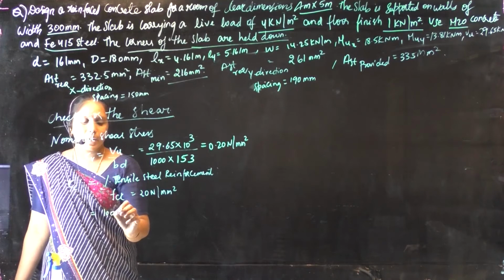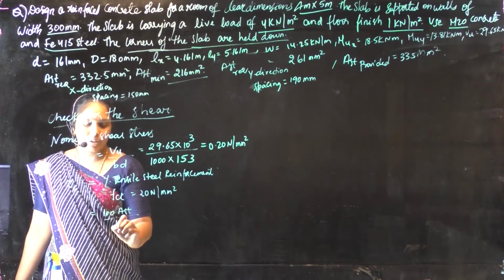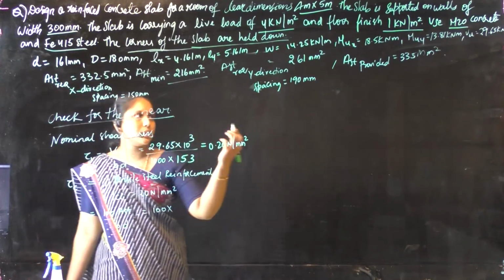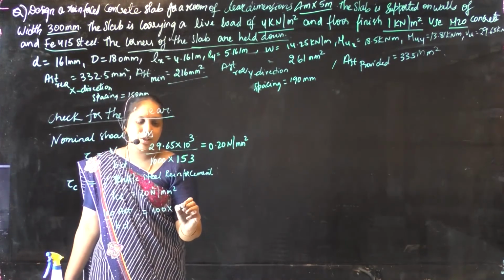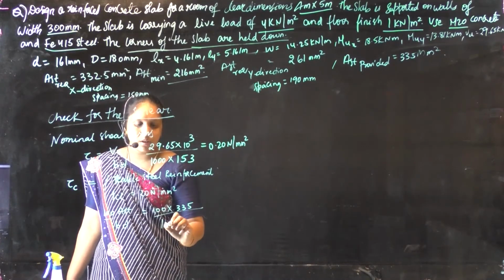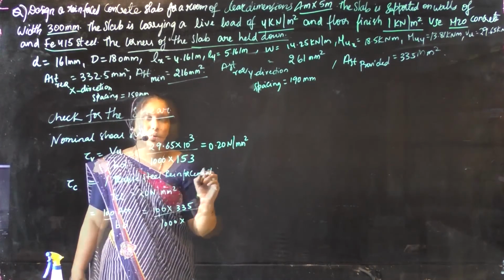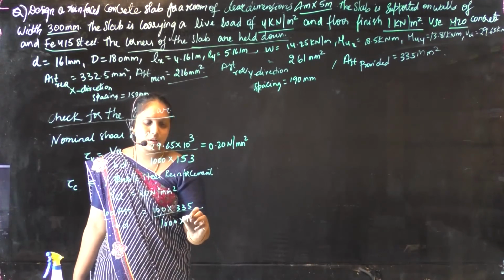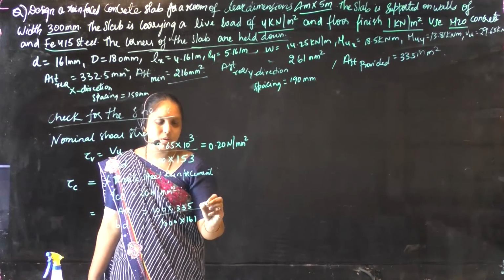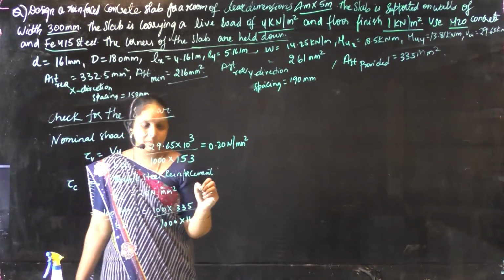It can be calculated by 100 into Ast by B into D. So 100 into Ast, where I am taking the Ast provided, which is 335 mm square, divided by B, which is 1000, into D, which is 161 mm.